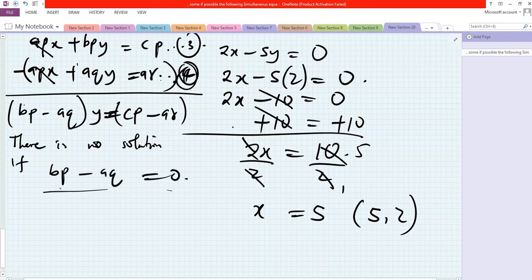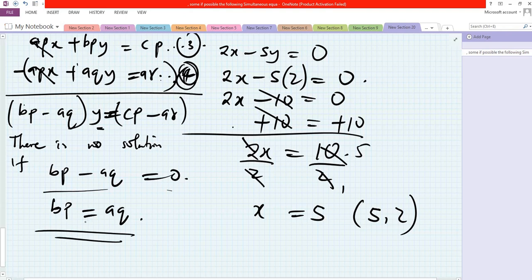If this is equal to 0, then y will have an infinite value, which is not possible. So which means there is no solution. So there will be no solution if bp is equal to aq.